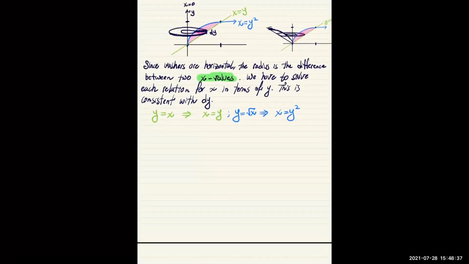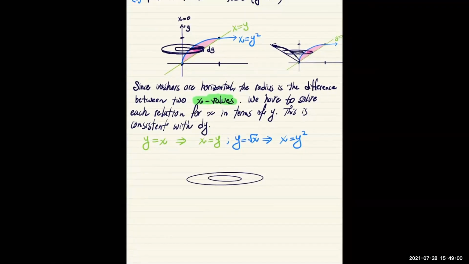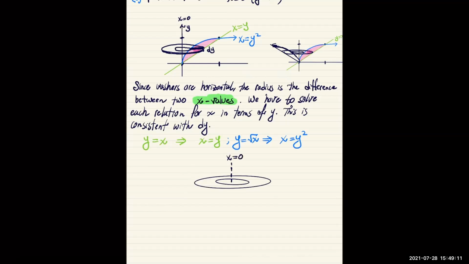All right, so next, draw the washer out. Okay, and label things, starting with the center. Center is at x equal to 0. Before it was y equal to something, now it's x equal to something.